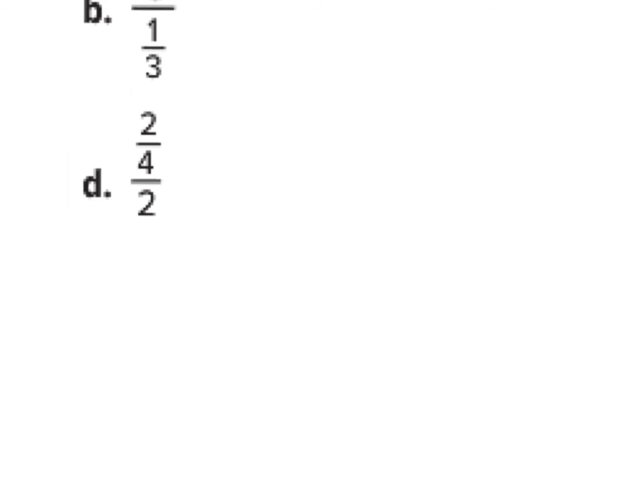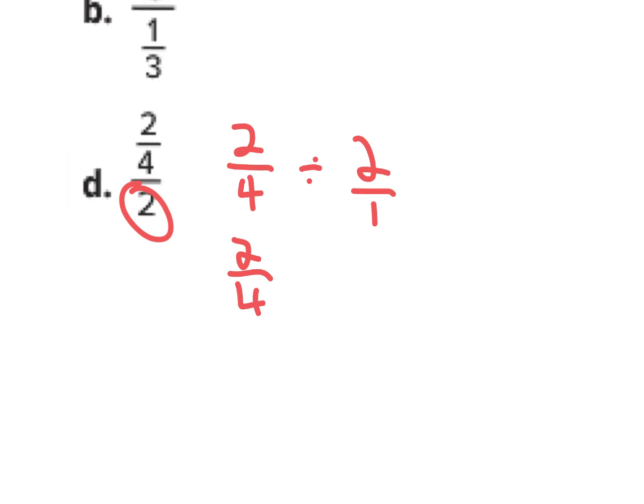And then finally, let's go over to D. For D, we have 2 over 4, which is really a half. 2 over 4, which is 1 over 2, divided by 2 over 1. Right? This number over here, we just put it over 1. Let's keep 2 over 4. Let's change and flip. Keep, change, flip.